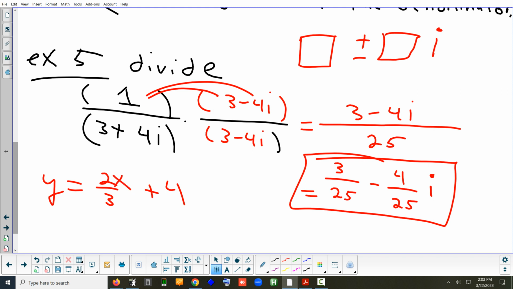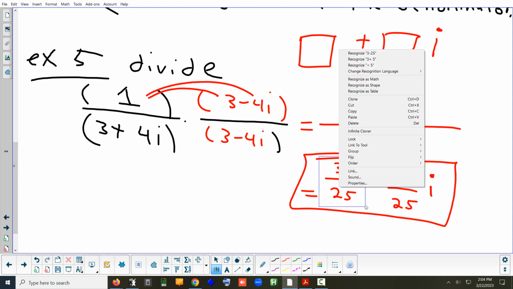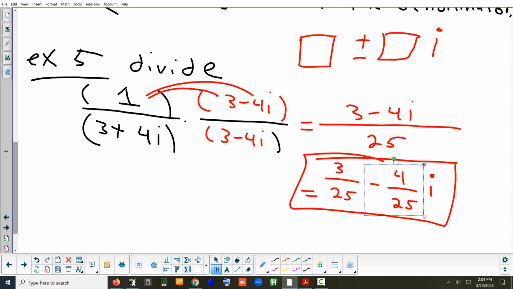There's nothing wrong with doing it like this. You just don't usually see it that way. Okay, so the real part is 3/25, and the imaginary part is negative 4/25. And that's how you divide. Any question on that one? That's how you have to leave your answer, yep.